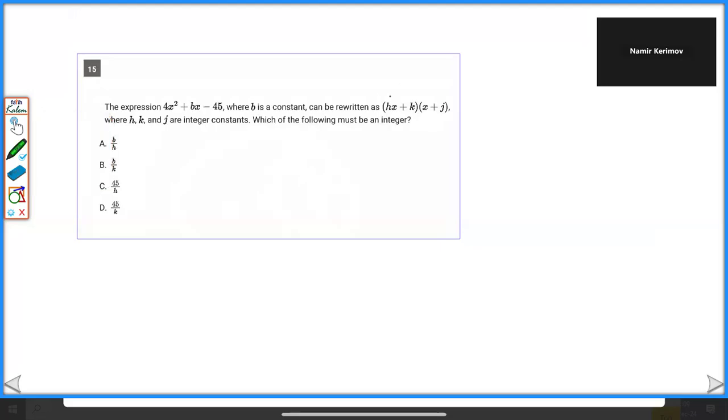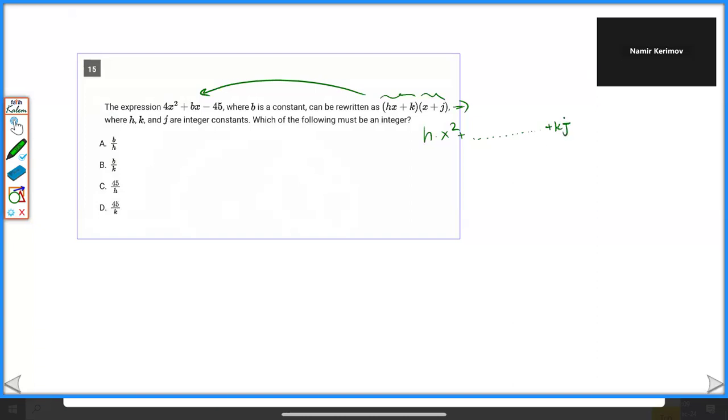Anyway, we know that if we have two factors and if we multiply them, we will get that expression. So this expression, here can we say it's like h times x squared plus hjx plus kx plus kj, right?